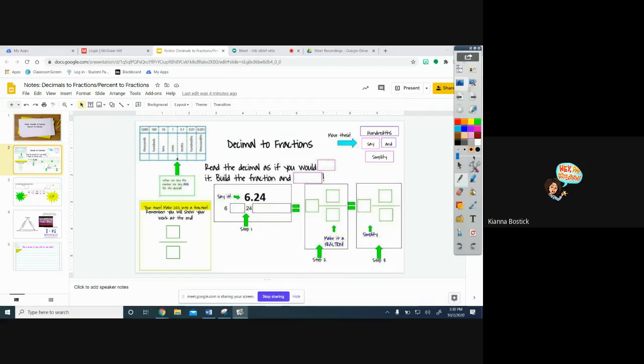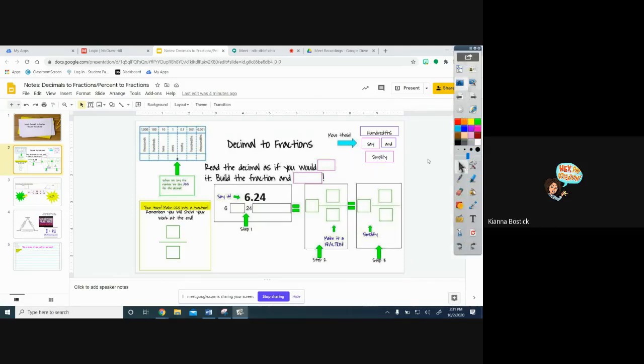I can try to write this out for us. We have 6 here, 0.24, and our 4 ends in the hundredths spot. You guys kind of get what I'm trying to show you.